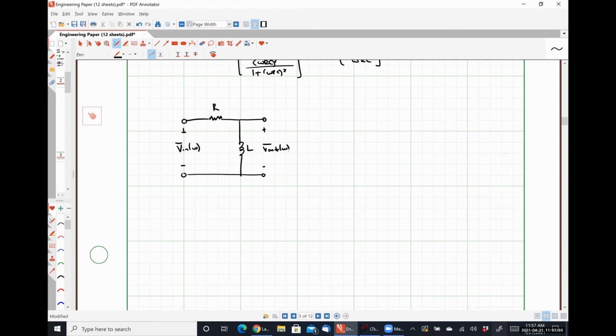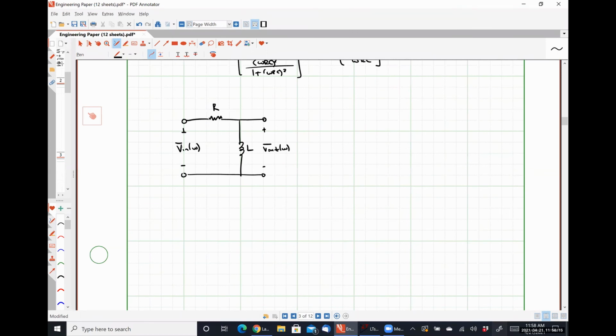Here's V out. So based entirely on what we understand of how the magnitude of an inductor works, what type of filter is this? It's a high pass filter, right? Because at very low frequencies, this guy goes to 0, and so all of our signal is attenuated. At very high frequencies, this looks like an open circuit and all of our signal is passed.